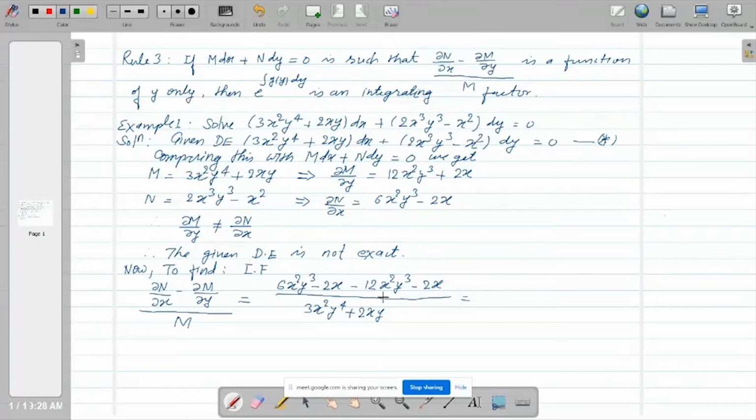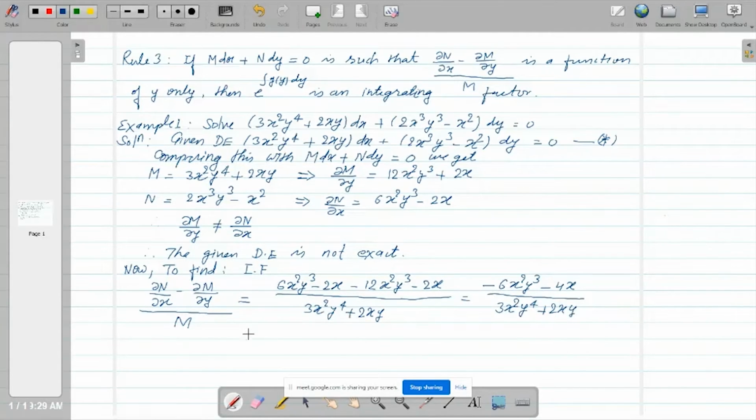So simplify this. 6x²y³ minus 12x²y³ becomes negative 6x²y³, and minus 2x minus 2x is minus 4x, divided by 3x²y⁴ plus 2xy.